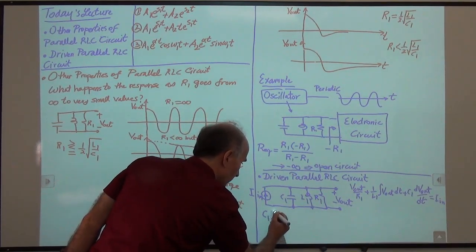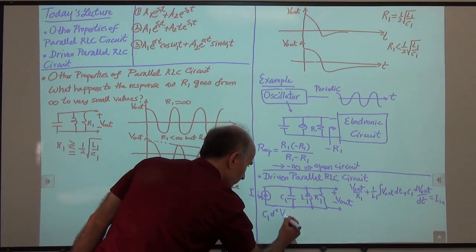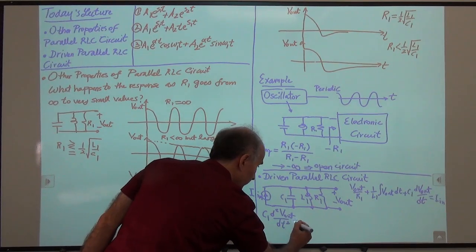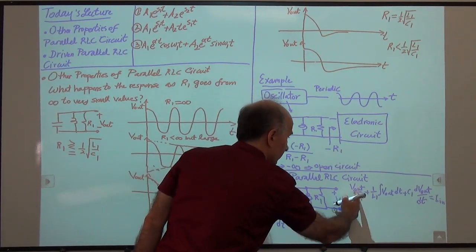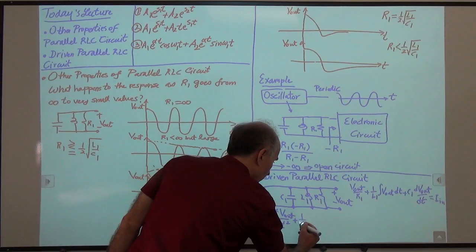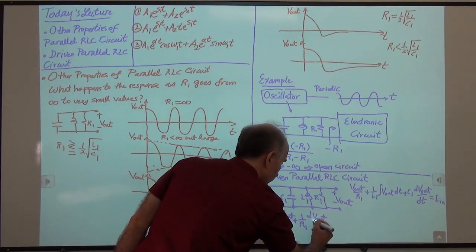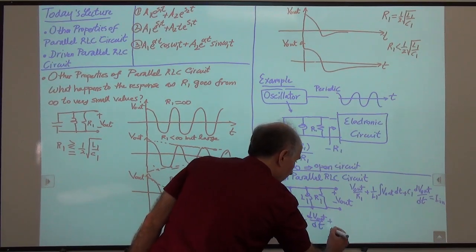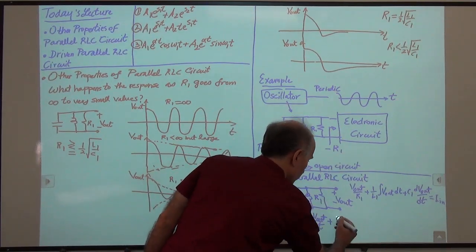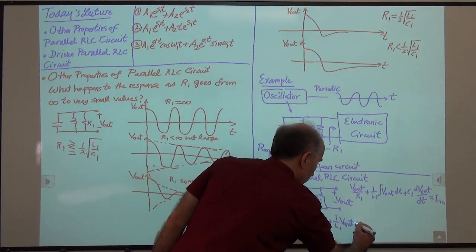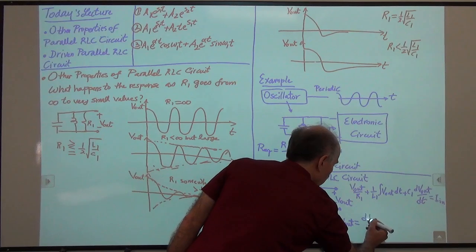So C1 d squared V out over dt squared plus the derivative of this, which is 1 over R1 dV out over dt, and then the derivative of this, which would be just 1 over L1 V out, is equal to dI in over dt.